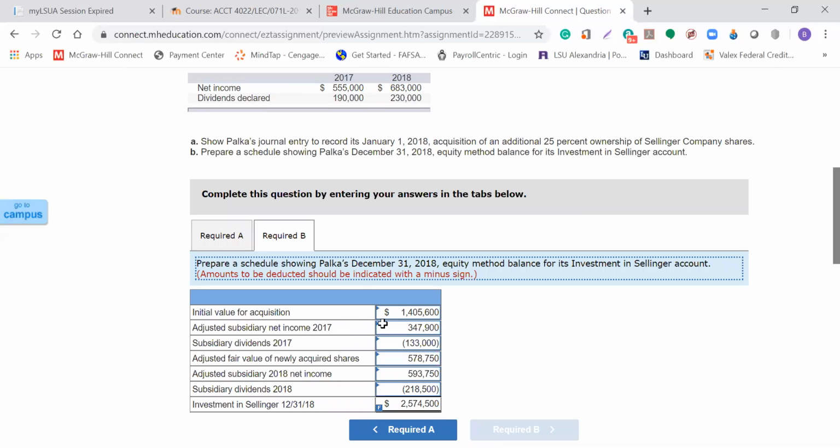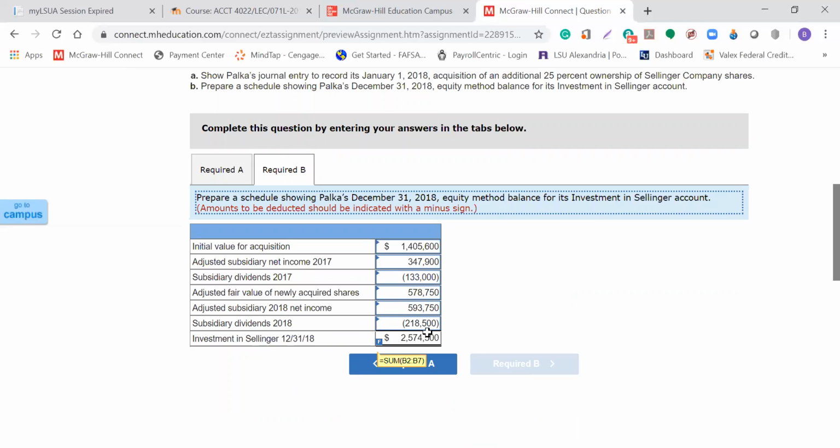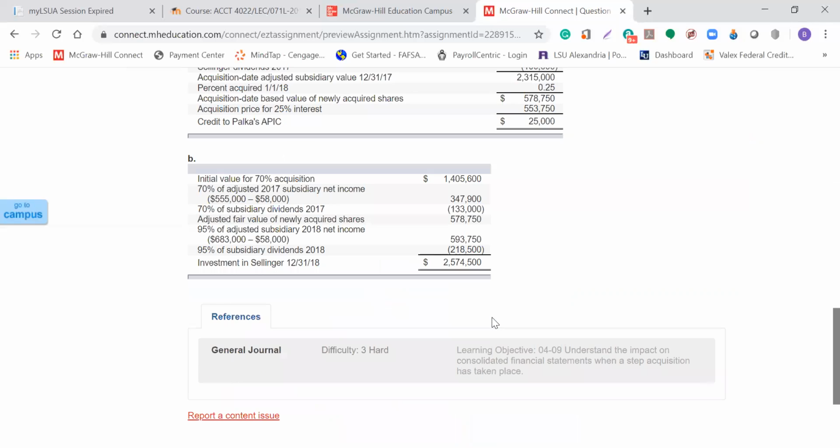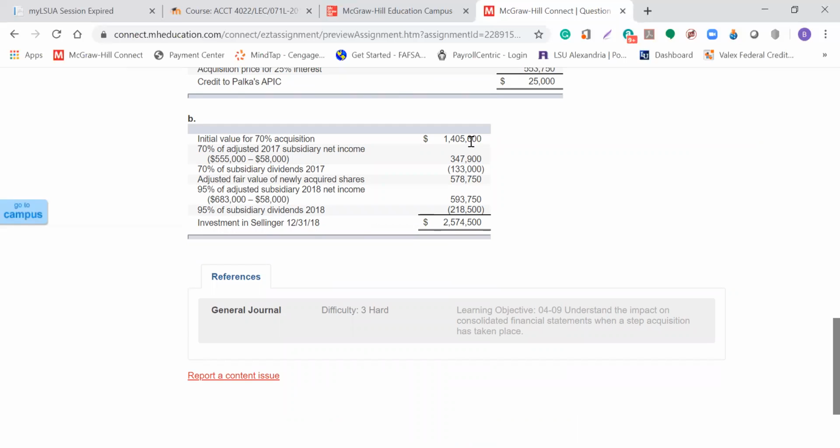We have the subsidiary net income of $347,900, the dividends, the acquisition date shares fair value, adjusted subsidiary net income, subsidiary dividends for 2018, and then your new investment for 2018, and that is calculated with the initial value of acquisition, 70% of the adjusted 2017 subsidiary's net income, your 555,000 minus your 58, 70% of the dividends, 133, adjusted fair value, 578,750.